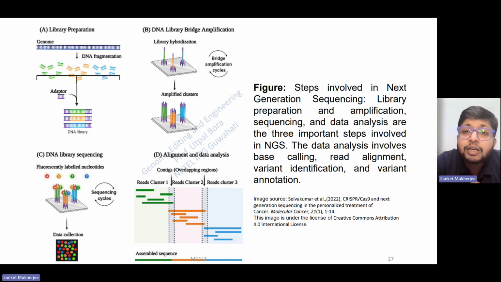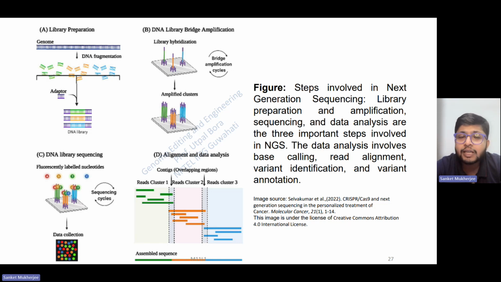It's very important because adapters would be the area from where, in case of PacBio sequencing, there is a fluorescent readout. That's where the primers would bind, and then you'll get the sequence of the rest of your region of interest. So this is very important in that sense.